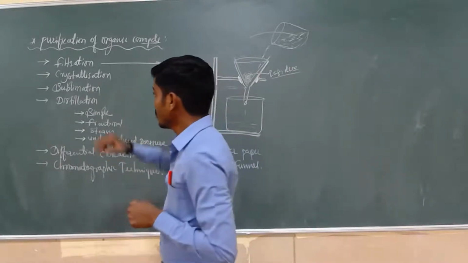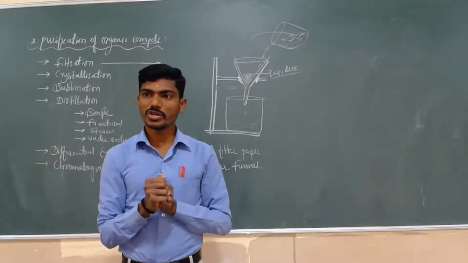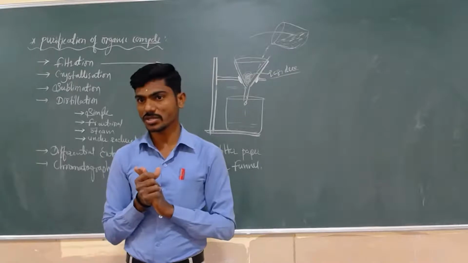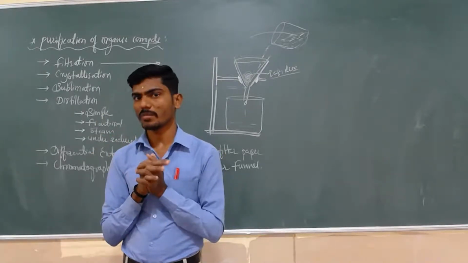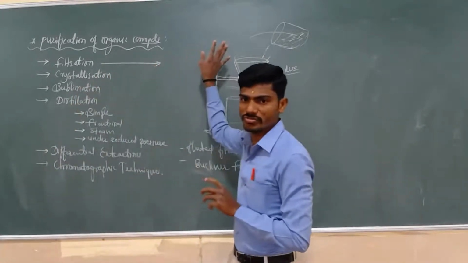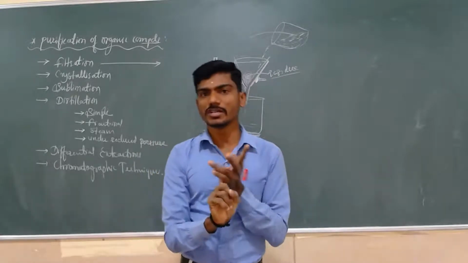To check the purity, we are going to use recrystallization. Some number of steps are involved in this process. In the crystallization process, first we again need to use filtration. The first step is to prepare the solution and then filter it.